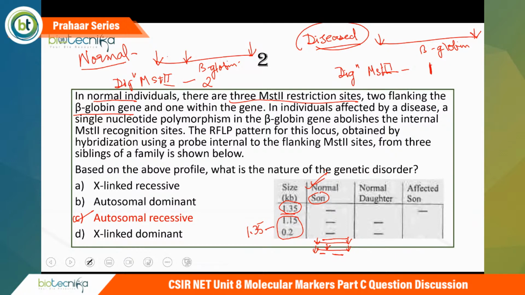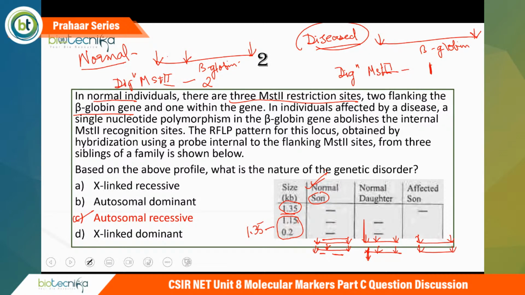So the normal daughter has only these two fragments. So basically it means that she has two copies and both of them are normal. From both of them it is producing the two fragments, so they will come together and form the same profile. The affected son also will have two copies, but both the copies are diseased copies.